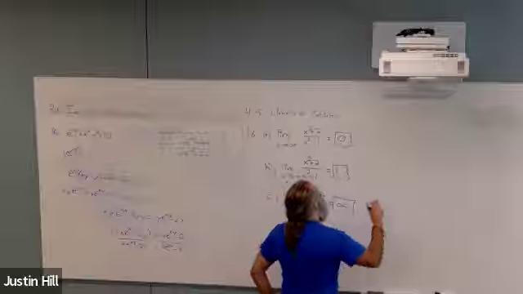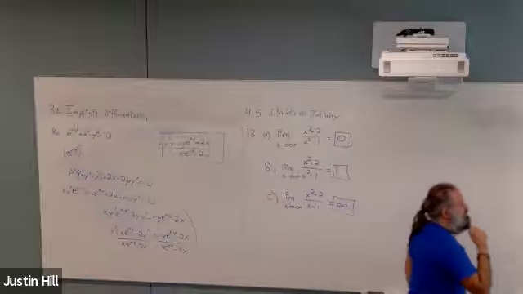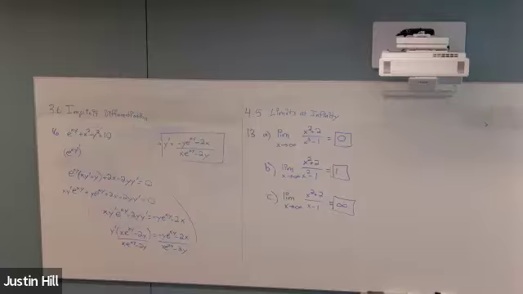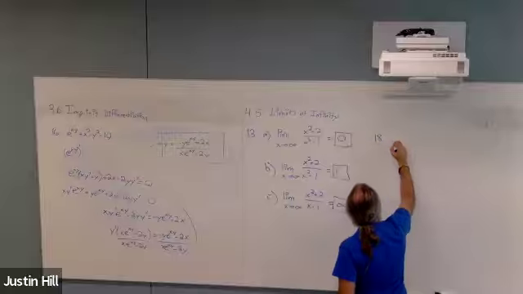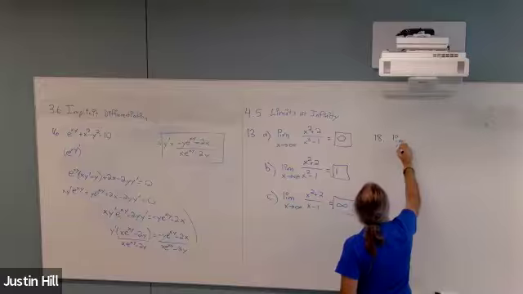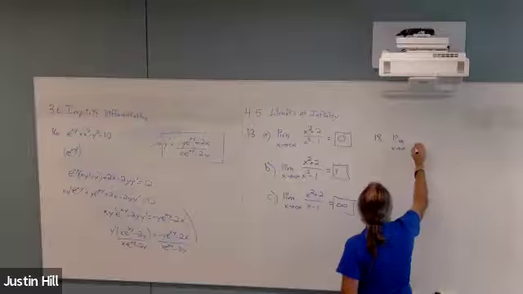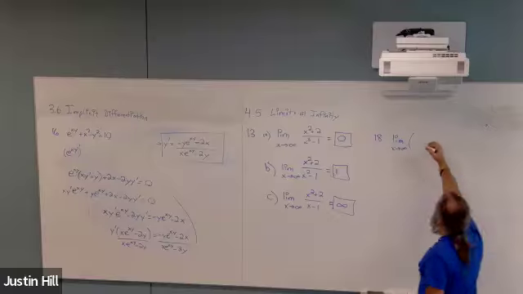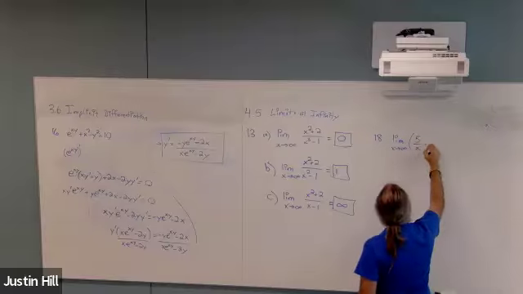So for instance, on 18, they want the limit as x approaches infinity of 5 over x minus x over 3.